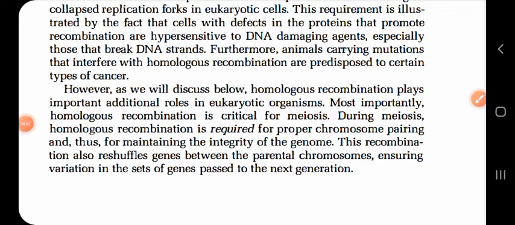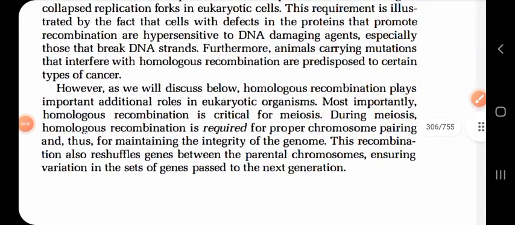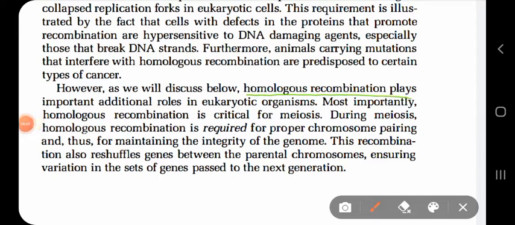But homologous recombination is also required during the meiosis process. It plays an important additional role in eukaryotic organisms, being critical for meiosis. Along with the DNA repair process, it is also involved in collapsed replication forks. But in eukaryotes, the most important role of recombination is during meiosis. During meiosis, homologous recombination is required for proper chromosome pairing and for maintaining the integrity of the genome.